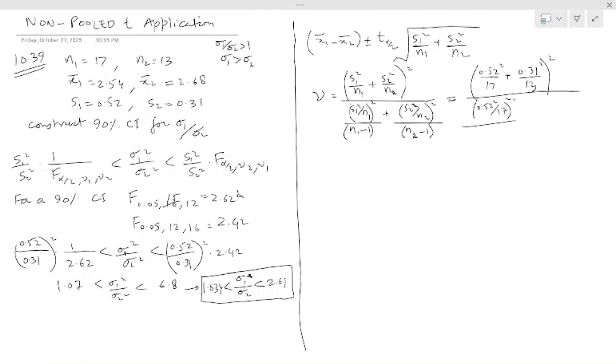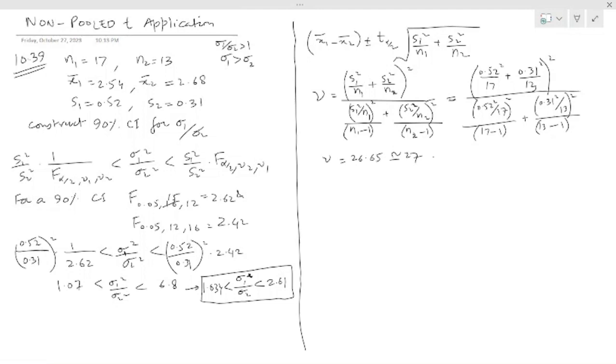Don't forget to raise this to square as well. 0.31 squared divided by 13, then square, and then divide by 13 take away 1. When you solve it using a calculator, you must come up with the answer as nu equals 26.65. That can be rounded off to 27.